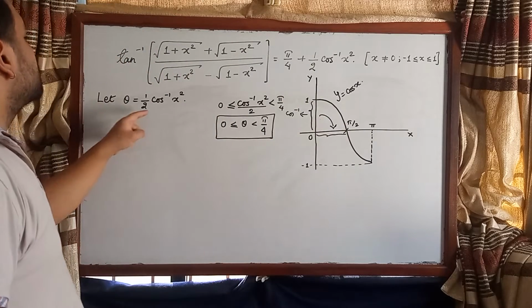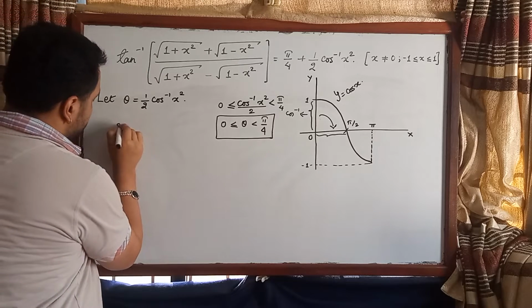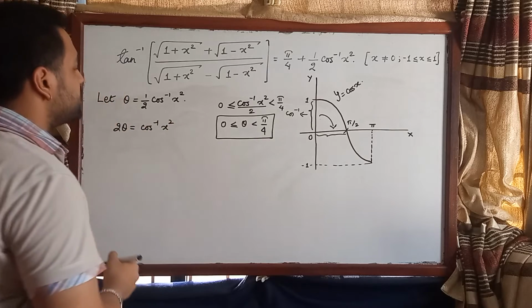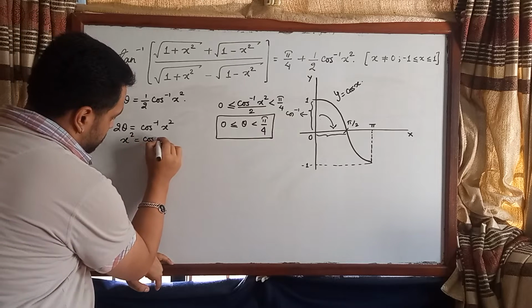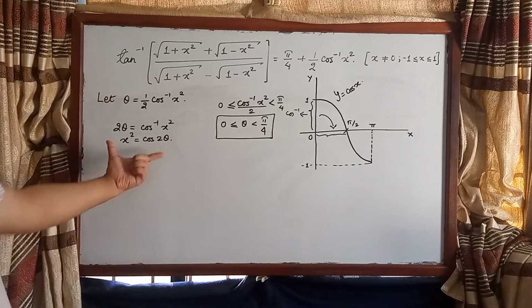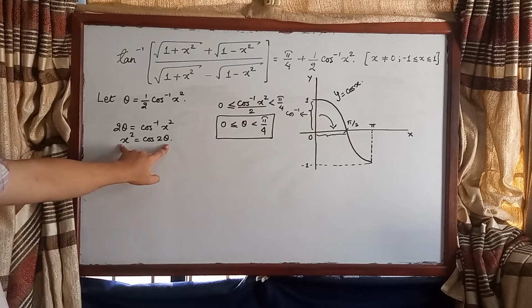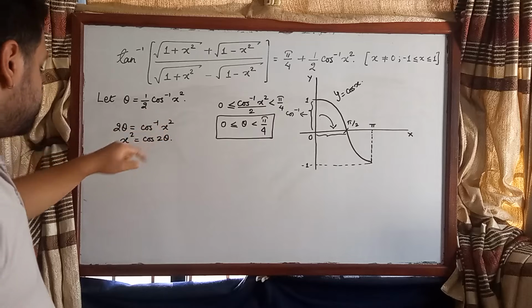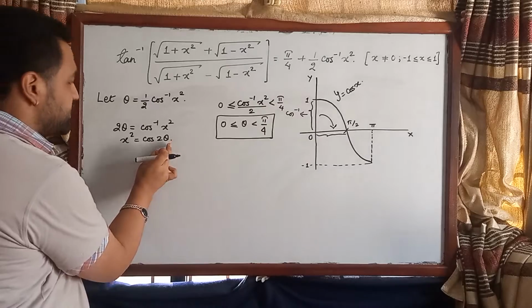Now let's look at this equation. This means twice theta is equal to cos inverse of x squared, and by definition of inverse circular functions, we get x squared is equal to cos of twice theta. So this is the thing which gives x squared equal to cos twice theta.